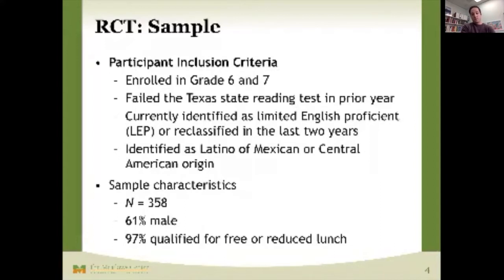But there were students that were excluded based on that criteria. So our sample included 358 students, 61% were male, and 97% qualified for free or reduced lunch. And so this study was conducted in several schools that are considered high poverty schools.